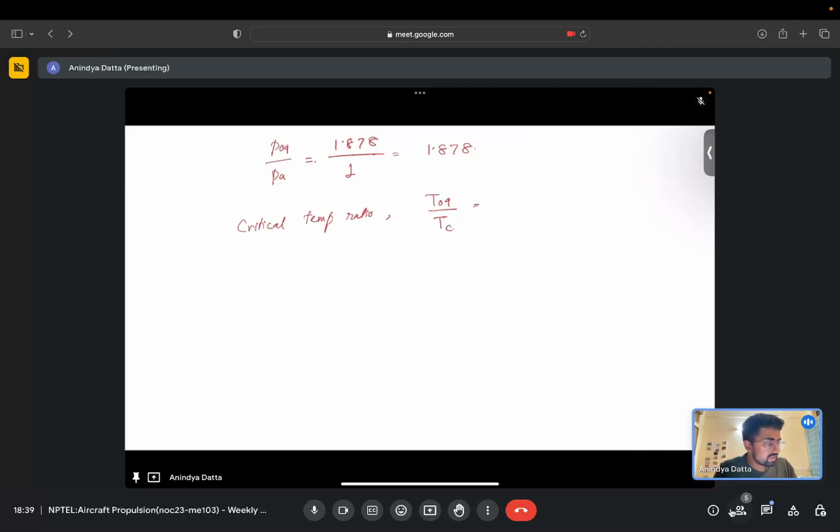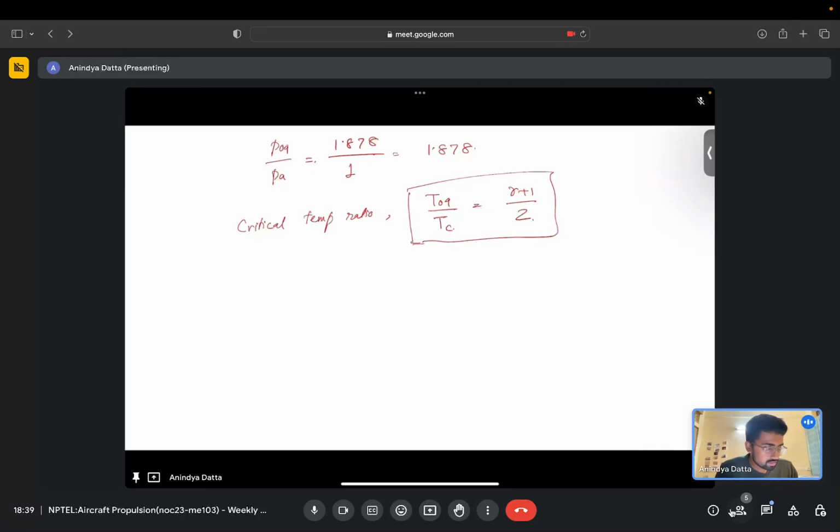That is given by gamma plus 1 by 2. We derived this condition in the last session, you can go back and see. So total temperature by the temperature is equal to gamma plus 1 by 2 if the flow is sonic at the outlet of the nozzle, and that temperature we say is the critical temperature.